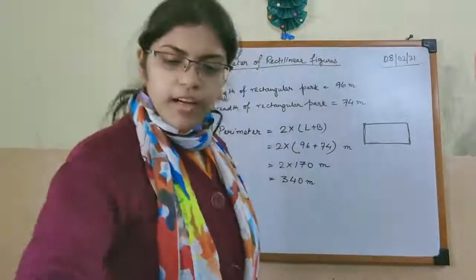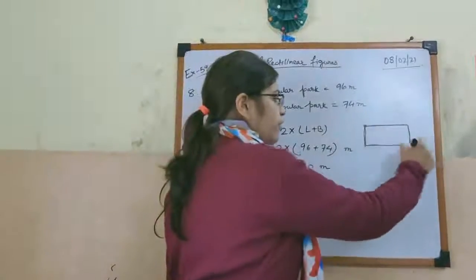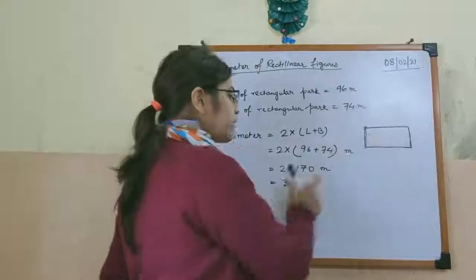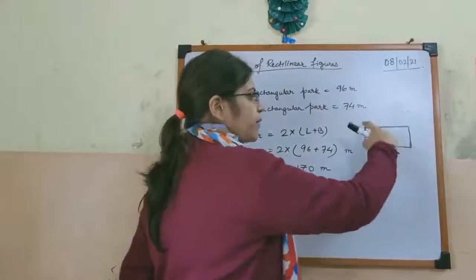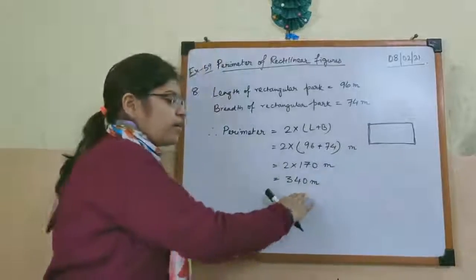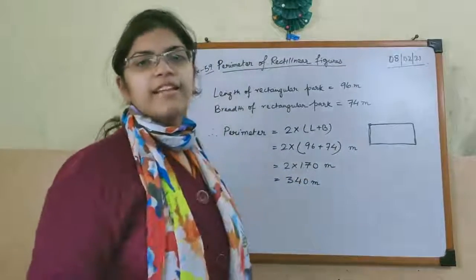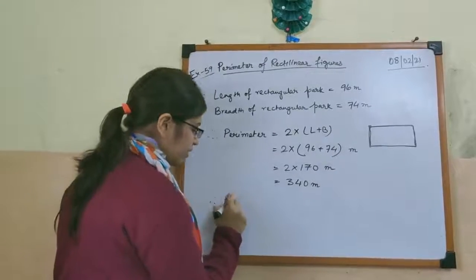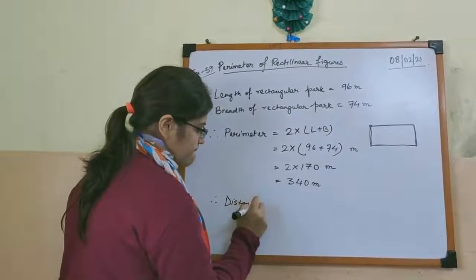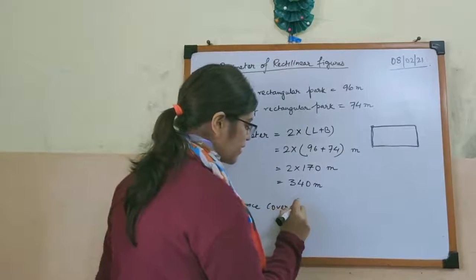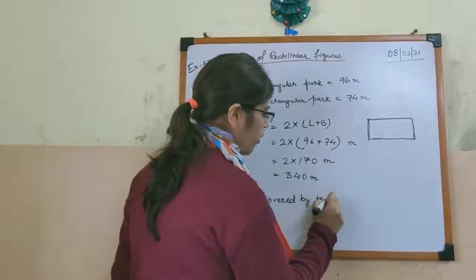So this is the total value of the perimeter, but the boy runs 2 times. So that means whatever the perimeter is, he is running the perimeter a total of 2 times. So we will multiply 2 with this perimeter, and we will get the total distance travelled by the boy. Therefore, we can write the statement like this: distance covered by the boy.